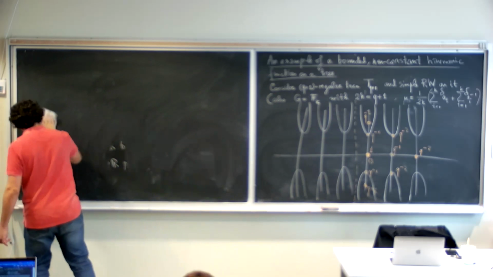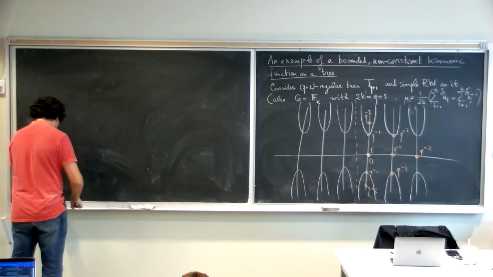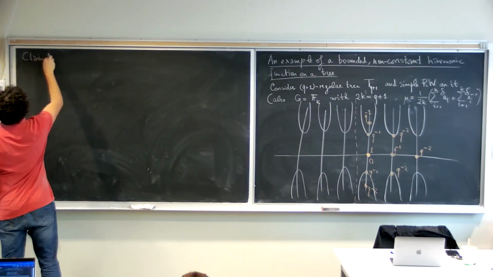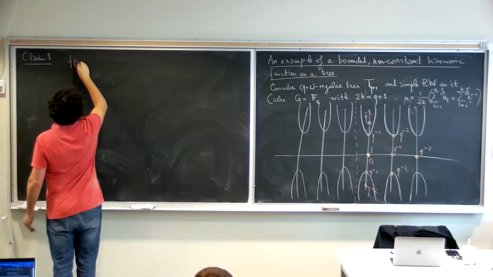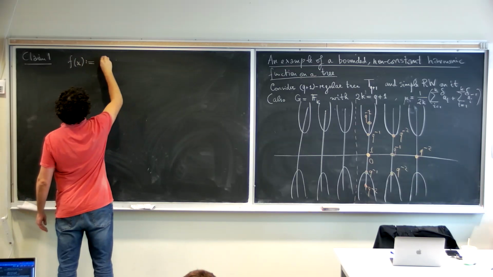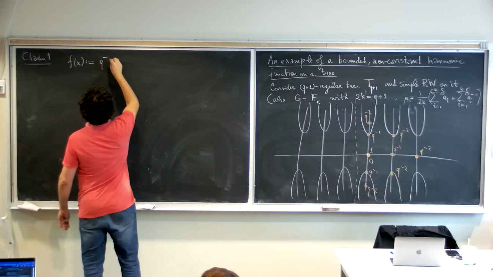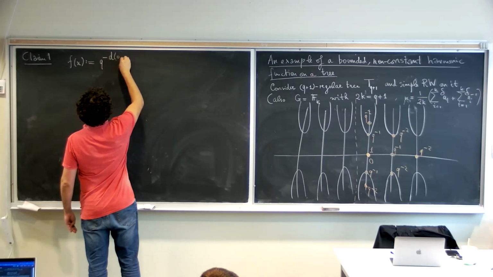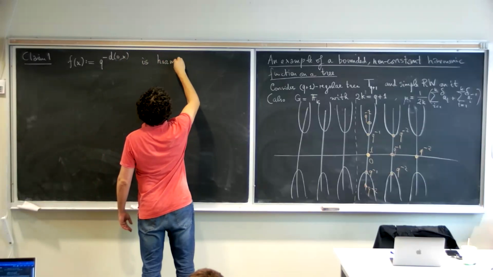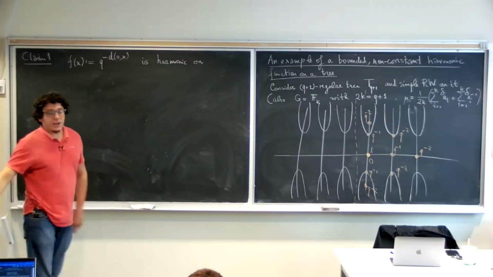So let's see. The first claim is that f of x, which is just q to the minus the distance between O and x, is harmonic on the right-hand side.